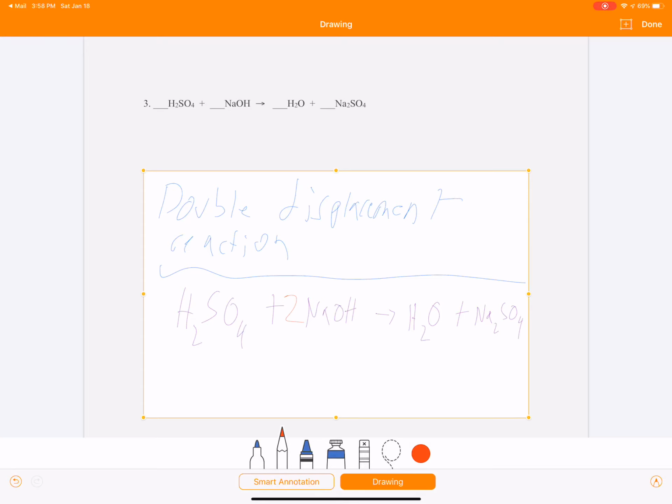But I only have 2 hydrogen on the right side, and that's not going to work because I need at least 4. So what do I do? I put a 2 there to balance the hydrogen. Now I have equal amounts of hydrogen and oxygen on each side, and this is balanced.